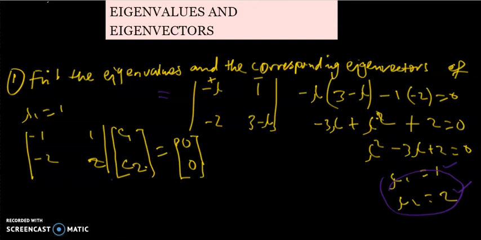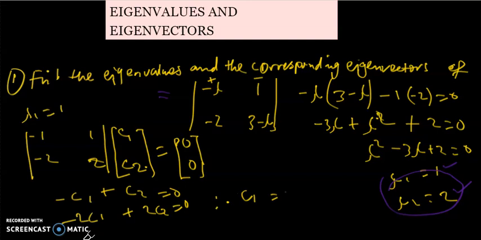To solve for C1 and C2, we say that negative C1 plus C2 is equal to 0, because this is our C1 and this is C2. Here we have negative 2C1 plus 2C2, and this is also equal to 0. So it means that C1 is equal to C2.